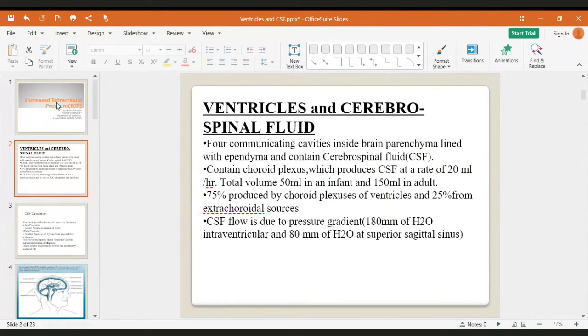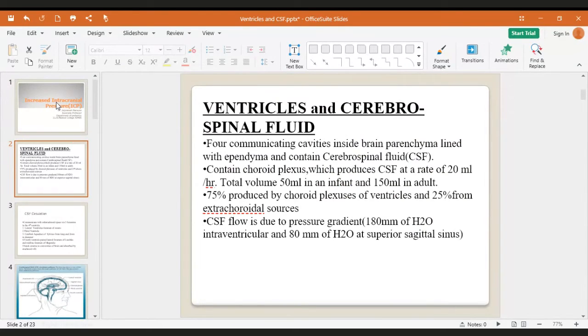This cerebrospinal fluid is secreted by the choroid plexus at the rate of 20 ml per hour. Total volume of CSF is 150 ml in infants and 150 ml in adults. 75% of cerebrospinal fluid is produced by the choroid plexus of the ventricles, while 25% is from extrachoroidal sources.